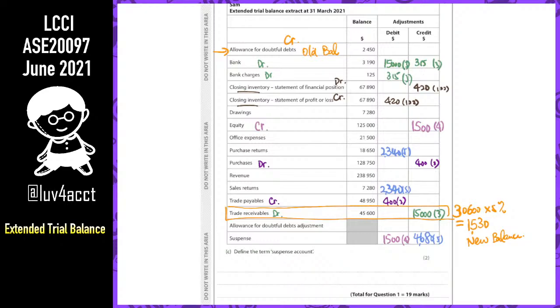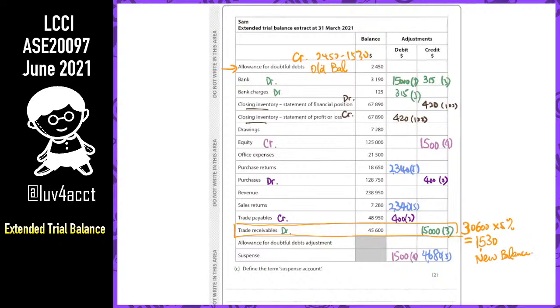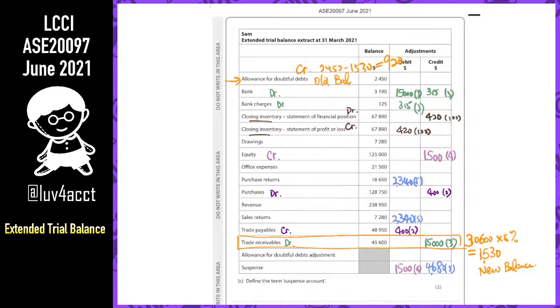When we compare, 2450 minus 1530, we have 920. Yes, reduced by 920.